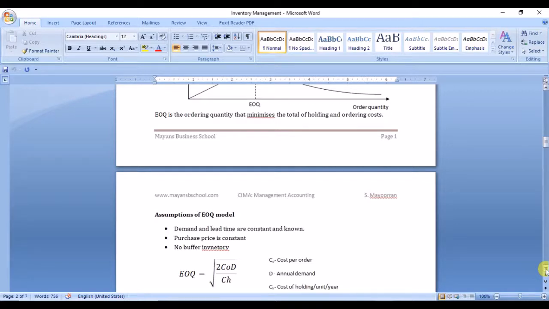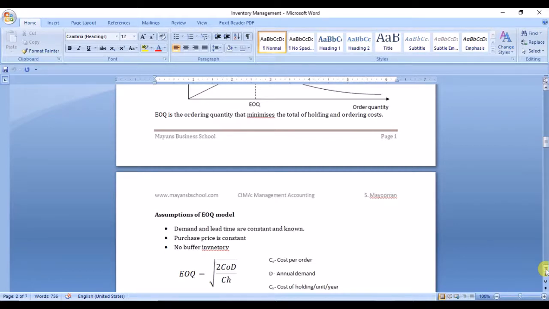So you will place the order when there are 5 days left for your material to finish, expecting that in 5 days the supplier will send you the material. But what will happen if, instead of 5 days, the supplier takes 7 days? Your material will be finished in 5 days and for 2 days you will not have material. These kinds of practical points are not considered in this EOQ calculation. We assume demand and lead time are constant and known.